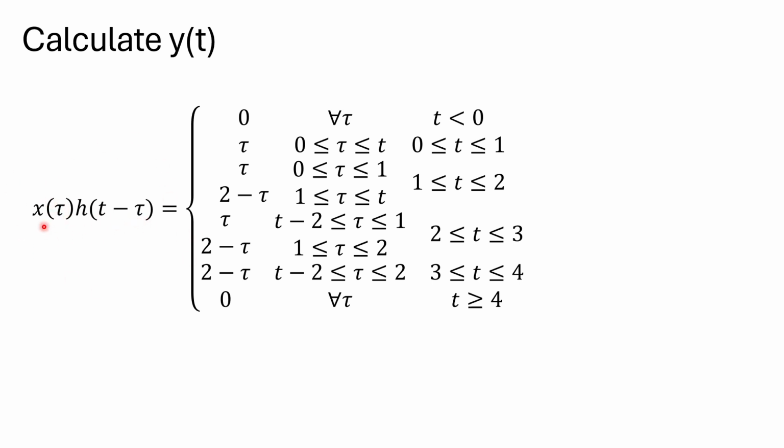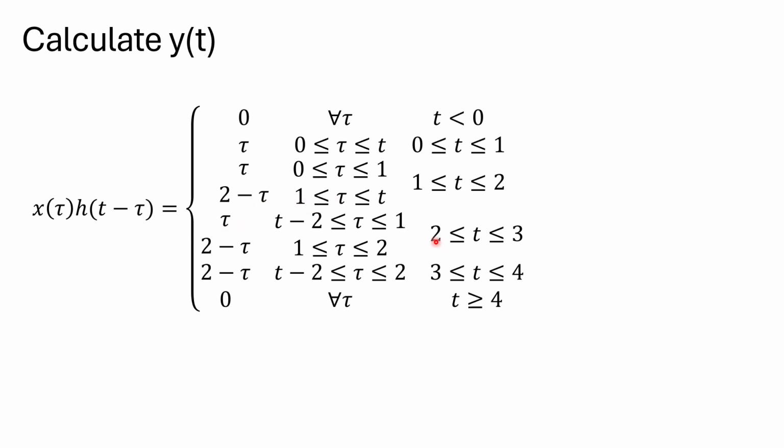So let us now consolidate the product x of tau into h of t minus tau. It is 0 for all values of tau for t less than 0, and it is equal to tau for 0 less than tau less than t, for t ranging from 0 to 1. And when t ranges from 1 to 2, the definition becomes tau for 0 to 1, and 2 minus tau for 1 to t.